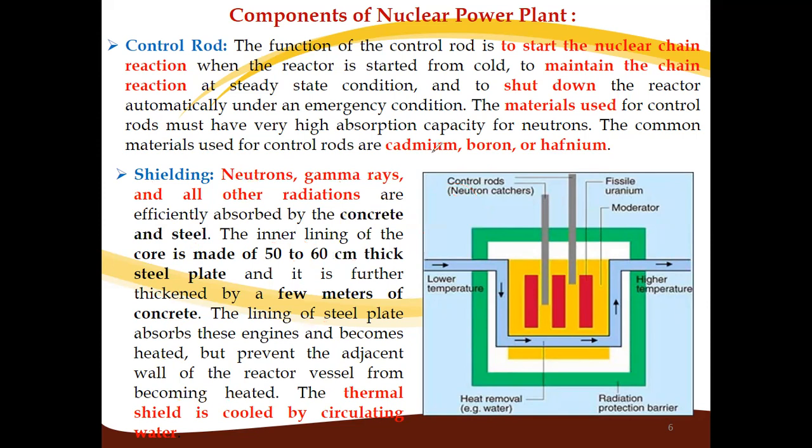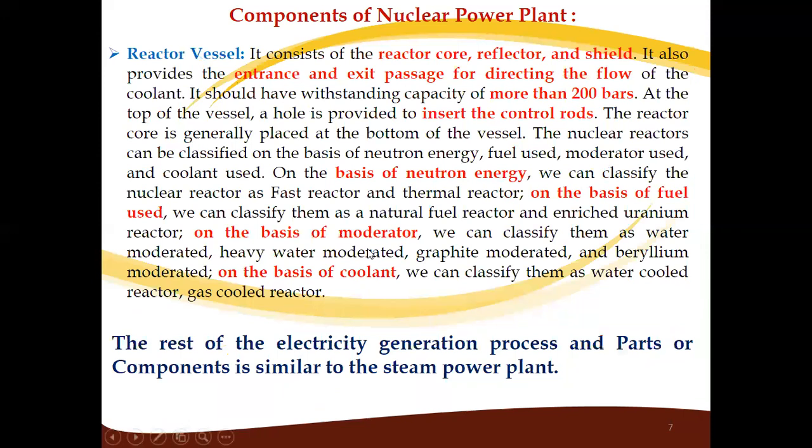And the next part is the pressure vessel, also called the reactor vessel. This reactor vessel consists of reactor core, reflector, and shield. All these three parts are inside this reactor vessel.